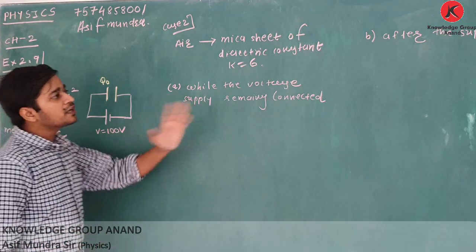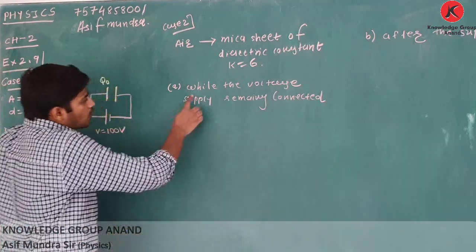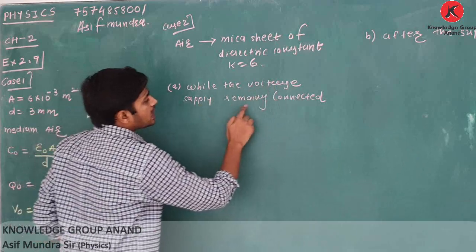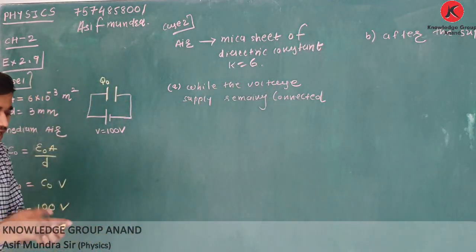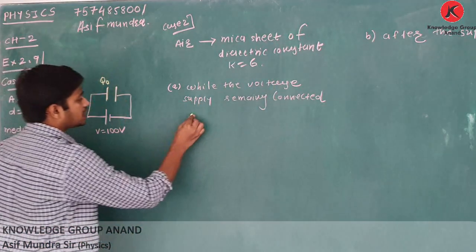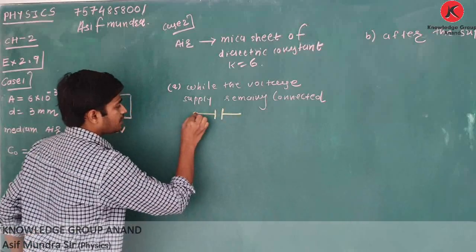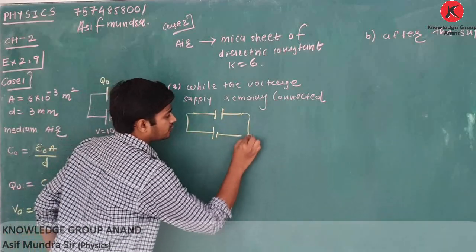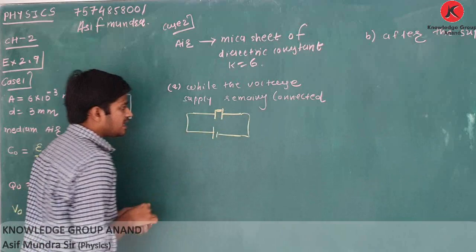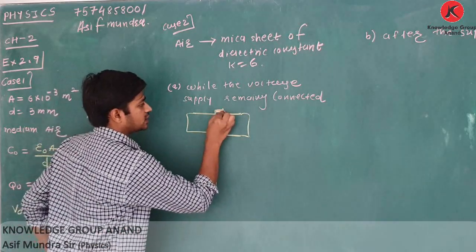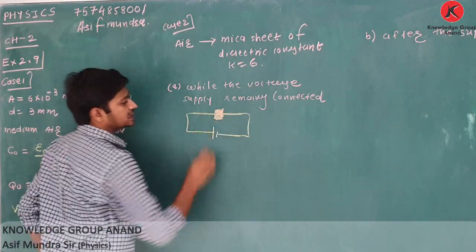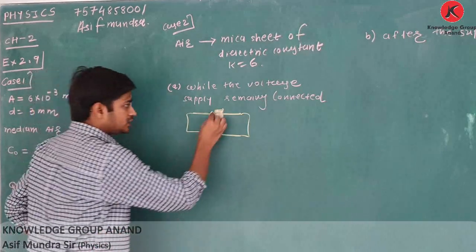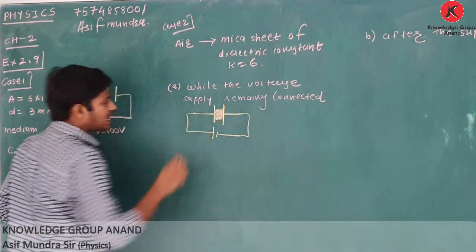But again you are given two cases. First, while the voltage supply remains constant, it means the battery remains connected, but the medium between two plates is changed. Clear? Initially medium between two plates is air.